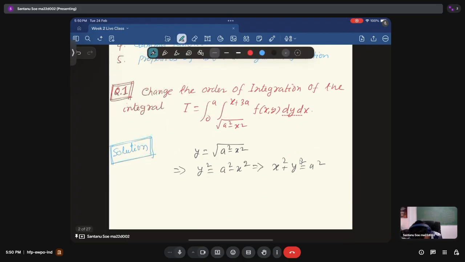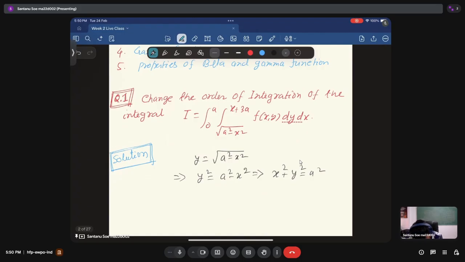Okay. So now this is nothing but a circle centered at 0, 0 and radius a, and again y equals x plus 3a, correct?